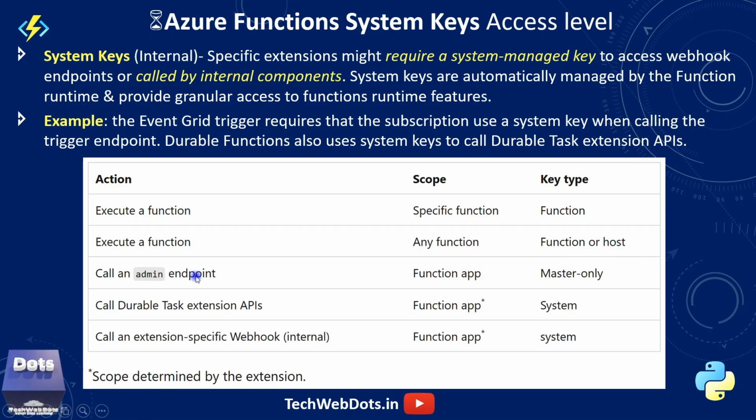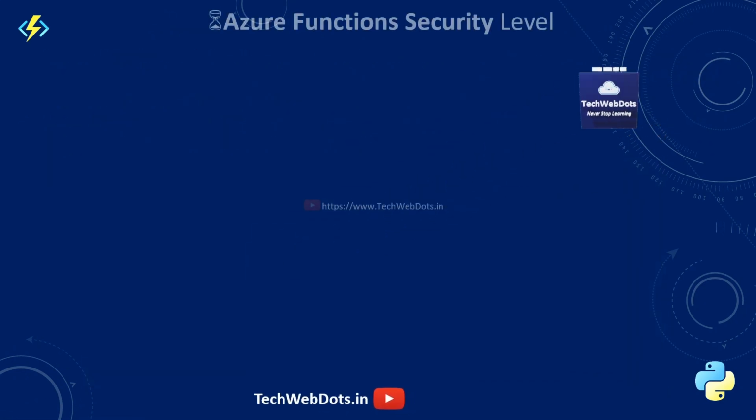You can call an admin endpoint, function app master only. When it is admin, it is master key type only. You call a durable task extension API, function app system. The star is mentioned here because the scope is determined by the extension. You are not managing it straightforward. So we understand each case scenario.